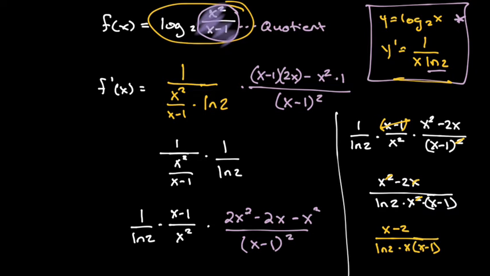Ultimately, if I really wanted, I could distribute that x in the bottom, but I don't see that it's going to help me, so I'm not going to do it. This is what I would say my derivative is at this point. I don't see anything else that's really going to simplify, so this is what I would have as my derivative function. Hopefully it helps.